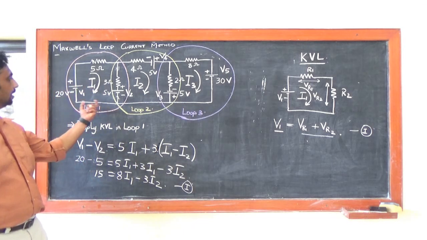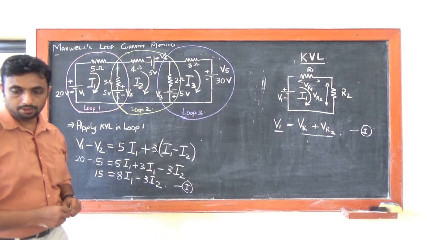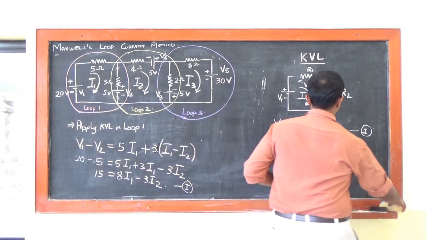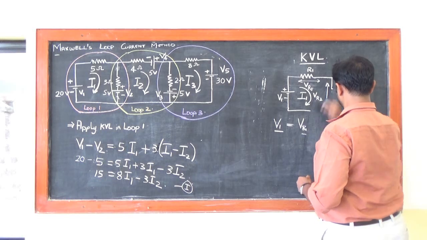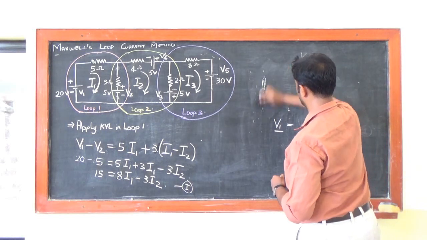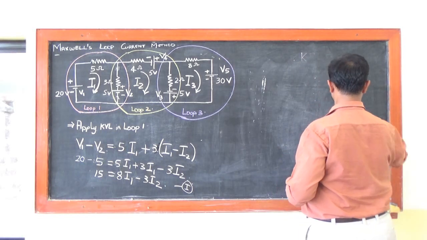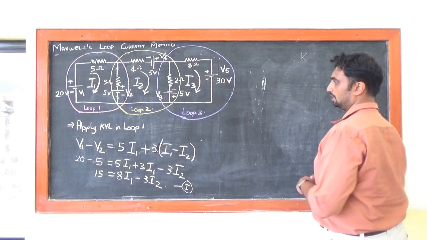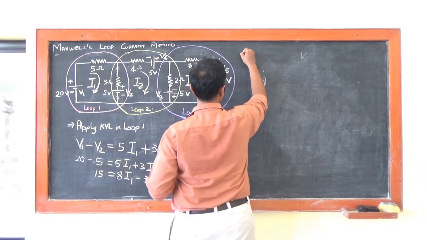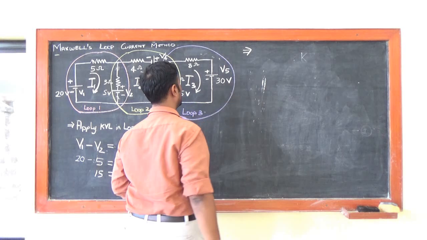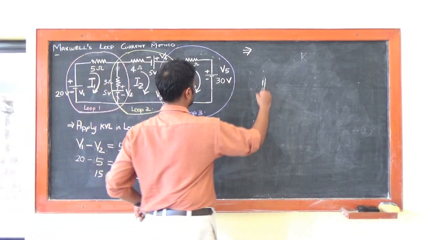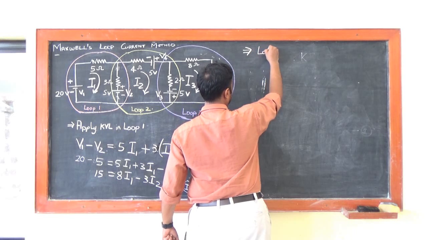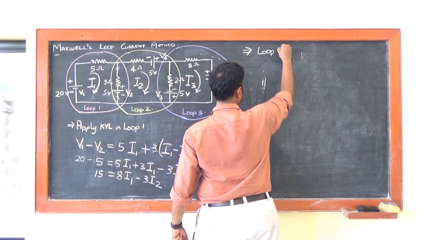Now, in the same way, we have to go for loop 2. So now applying similar logic, applying KVL in loop 2.